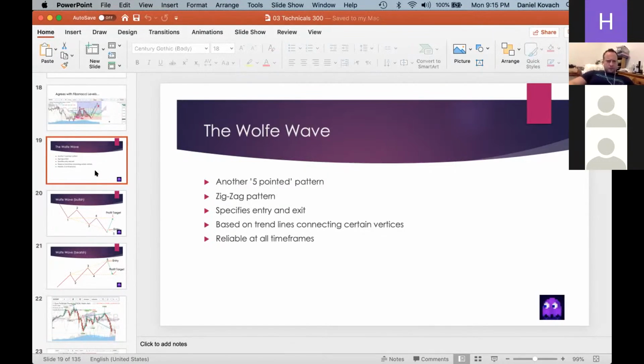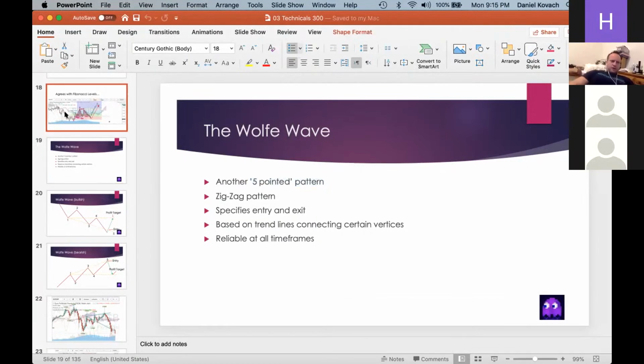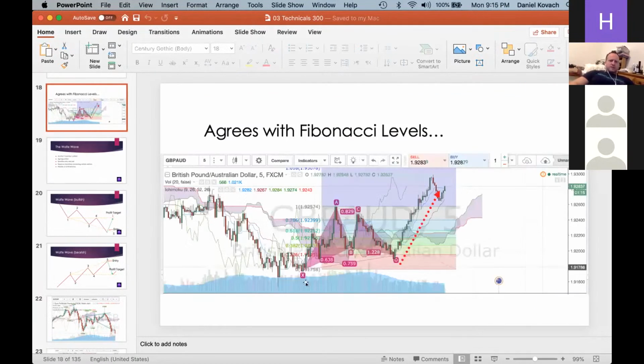So where I like to start is what we call the wolf wave. The reason why it's called a wave is going to become very clear to you in a second, but it's what we call a 5-pointed pattern. I skipped over these cipher patterns, but basically, as you see, they have 1, 2, 3, 4, 5 distinct points, and the vertices that connect them have some significance in the trade.